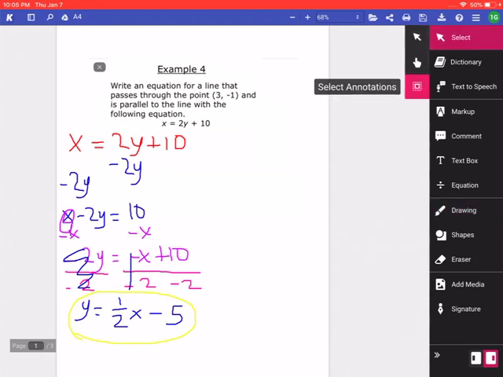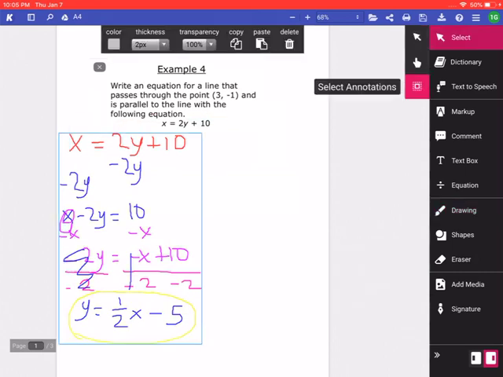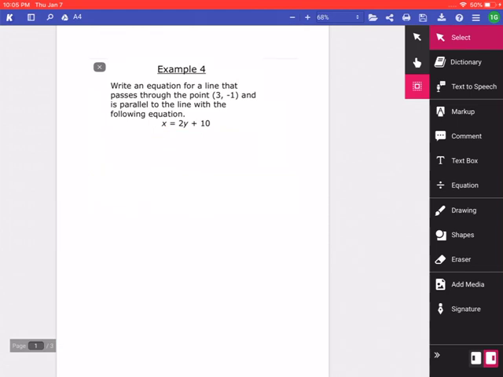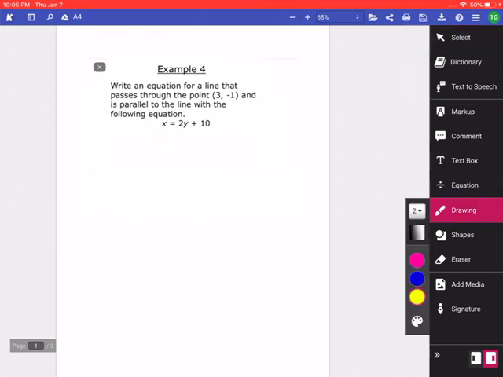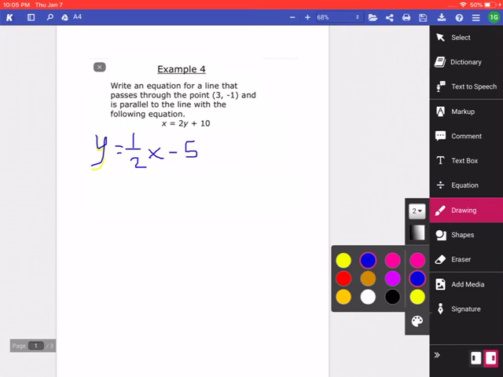Okay, so now let's clear this off, and we're going to write our equation back: y equals 1/2 x minus 5. Now our problem asks us to use this equation to write a parallel equation.